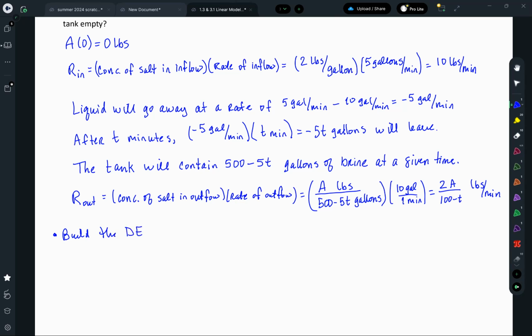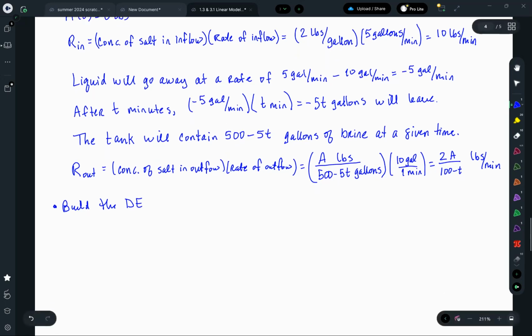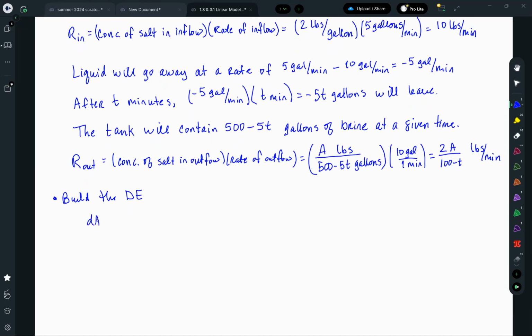After this, the work is generally the same as the other problem, although it's not a separable equation. So it'll force us to review linear equations. But dA/dt is r in, which is 10, minus r out, which is 2a over 100 minus t. Okay, this is a linear equation.